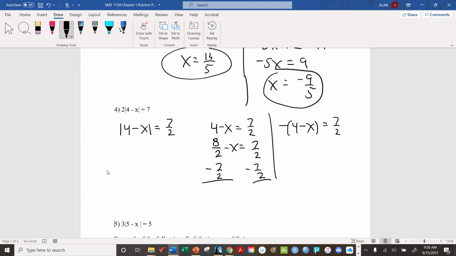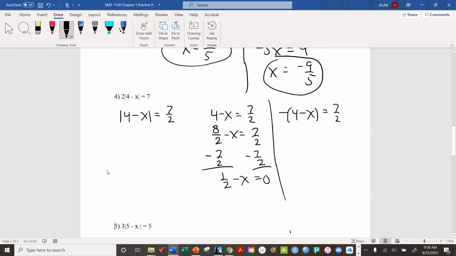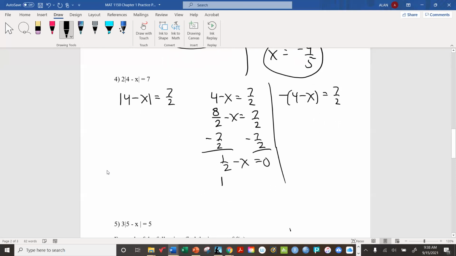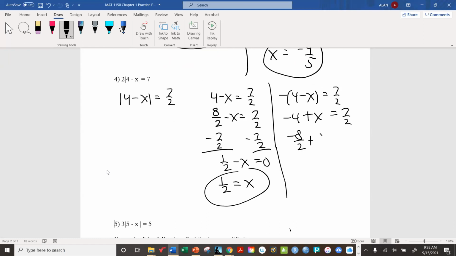And I'm left with 1/2 minus x equals 0, or 1/2 equals x. On this side, I'll end up with the same problem. So let's turn this right away into minus 8/2. Now this time I'm adding 8/2 to both sides.